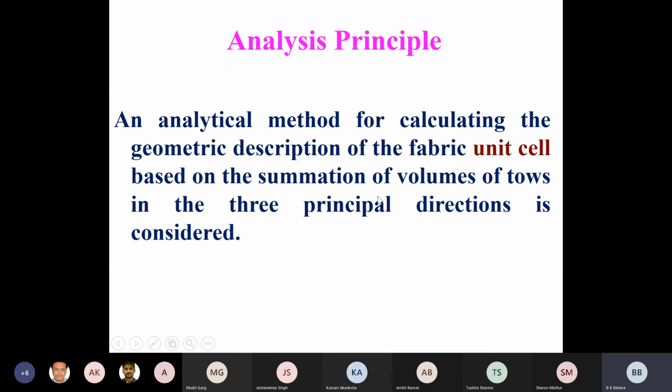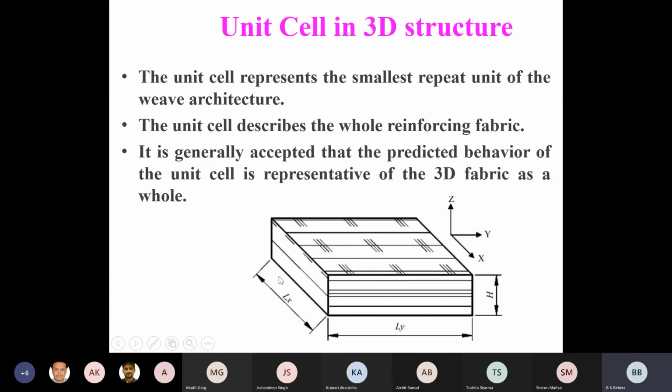So what do we do? If you know tau, taus means yarn, multifilament yarn. If you can calculate the volume of those taus or yarns used to make this fabric, and if you know the total unit cell dimension. Unit cell dimension means, for example, this is a unit cell.